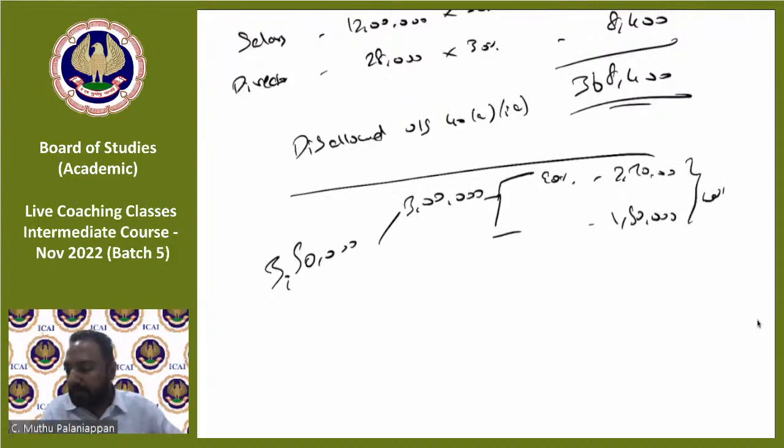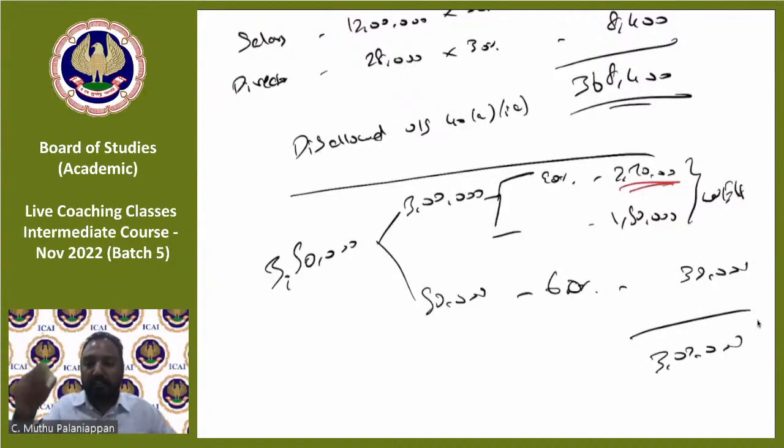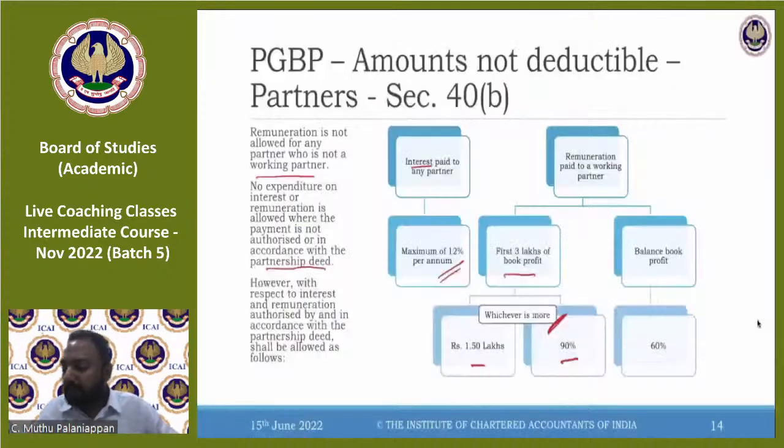Whichever is higher, so you take 2,70,000 for the first 3 lakhs. For the balance 50,000, it is 60%, so it is 30,000. So the total will be 2,70,000 plus 30,000. So for the balance book profit, it is 60%.